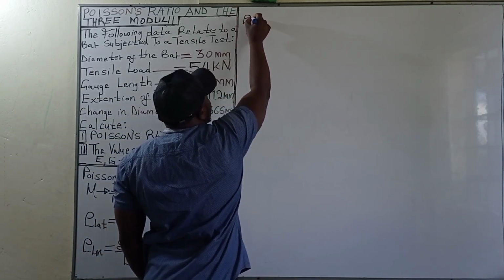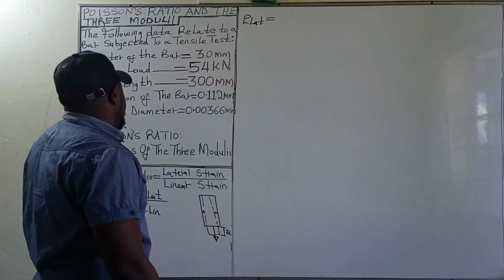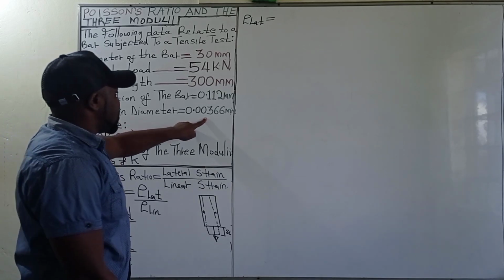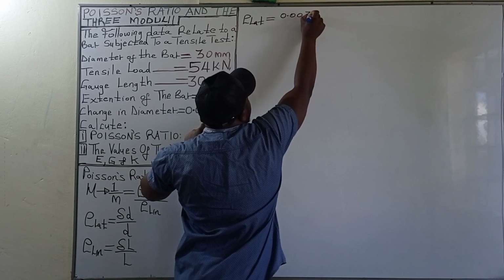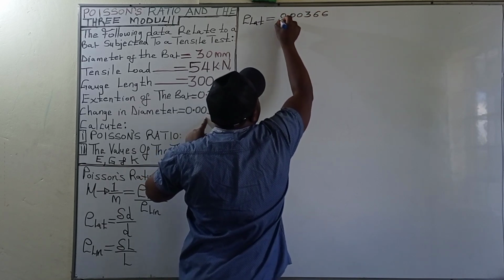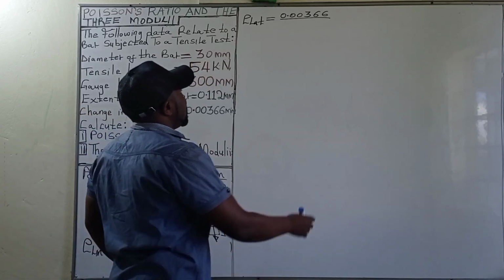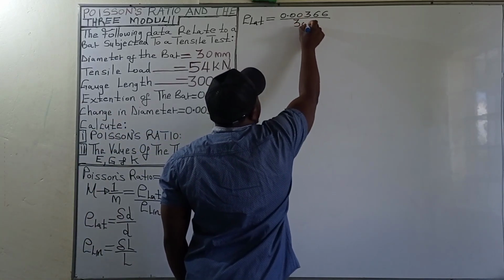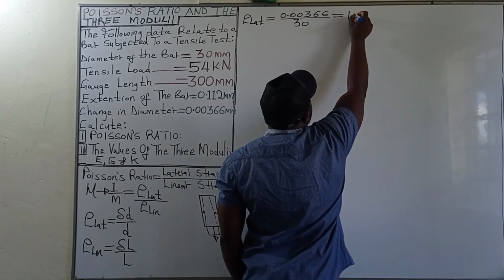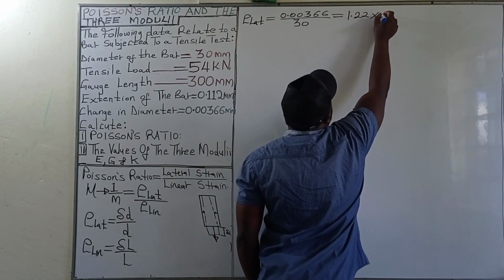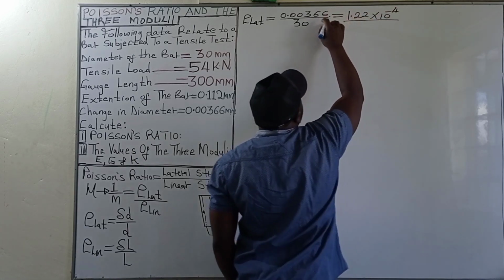Now let's begin with determining the lateral strain. Lateral strain is equal to change in diameter, which we got here, 0.00366 millimeters, divided by the diameter of the bar, 30 millimeters. So divide that by 30, and this is going to give us 1.22 times 10 raised to the power of -4. No units, because that is a ratio.